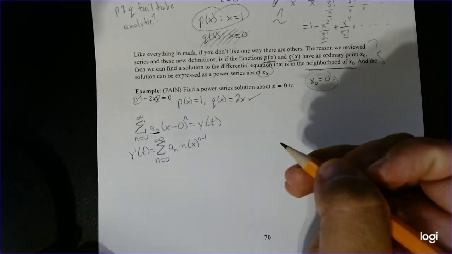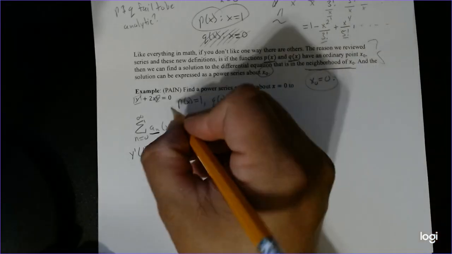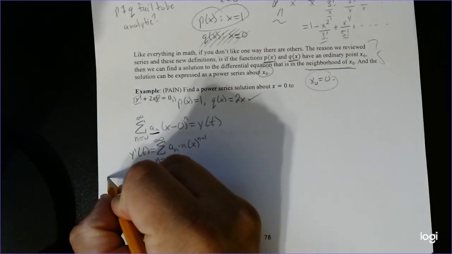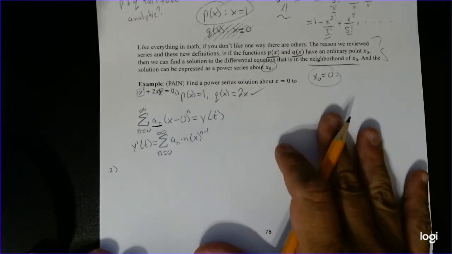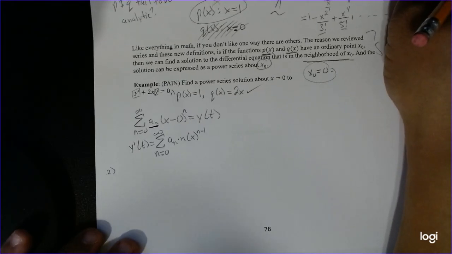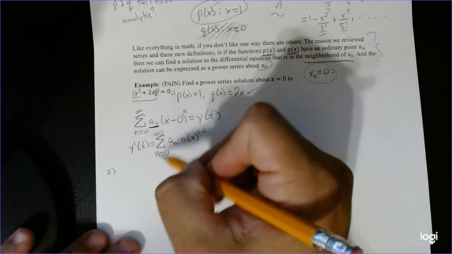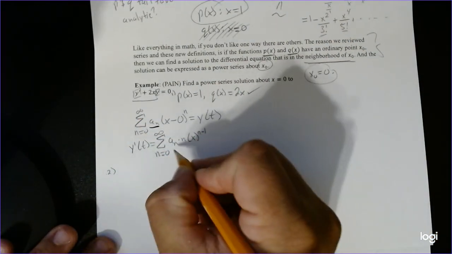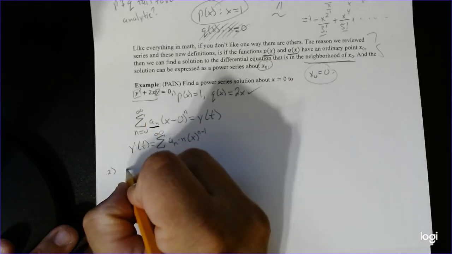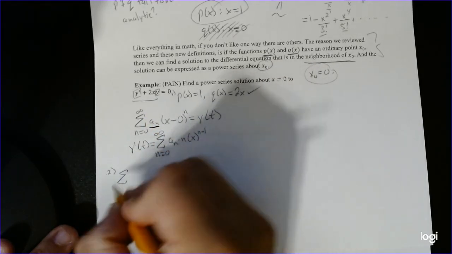I guess how do I want to do this? Let's say this is step 1. This is step 2 now. Okay. All right, so step 2, we insert all of this using its power series conversion. So y prime is just this. Well, not just that anymore, but this mess.